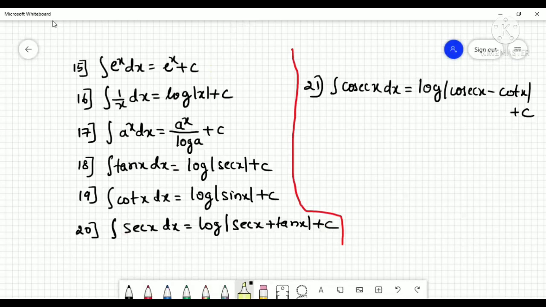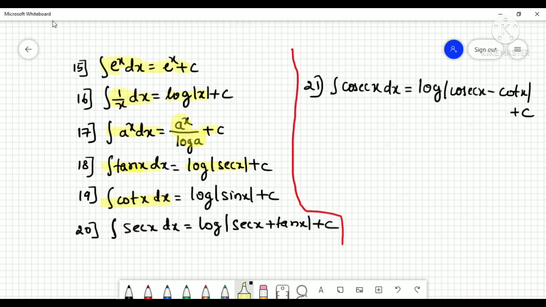Next one is that integration of e power x is e power x only. Then integration of 1 by x is log mod x. Integration of a power x is a power x by log a. Then integration of tan x dx is log secant x.